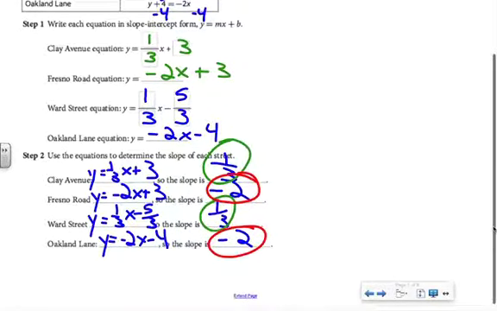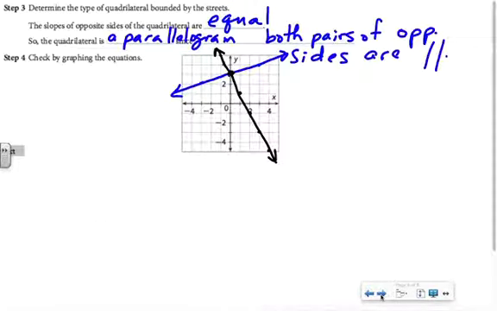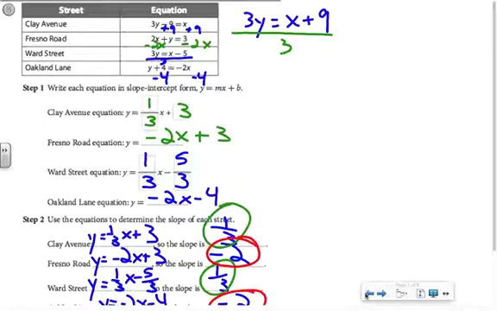Ward Street has a y-intercept of negative 5/3 with a slope of 1/3. So this is going to be unpleasant. Negative 5/3 is about here. And if I have a slope of 1/3, so rise 1, run 1, 2, 3, so about here, about here. Little human error, I think we can live with that.